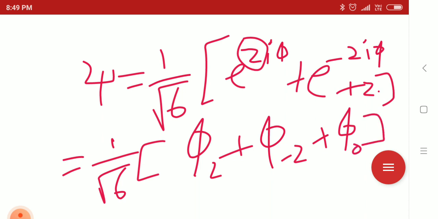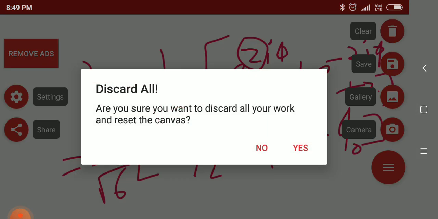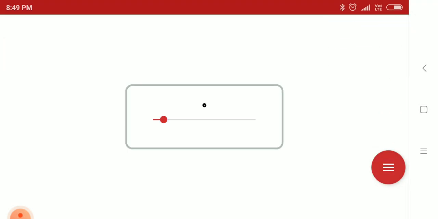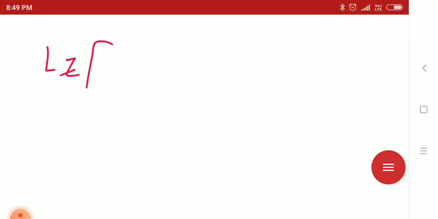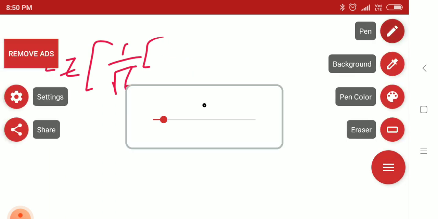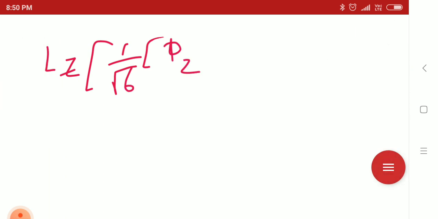Okay, so if Lz is operated on it, what can we write? Lz into 1 by root 6 phi 2 plus phi minus 2 plus 2 into phi 0.